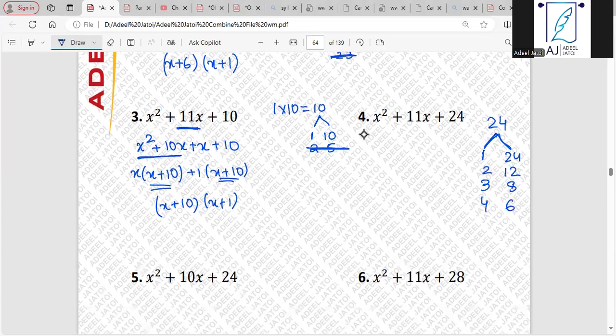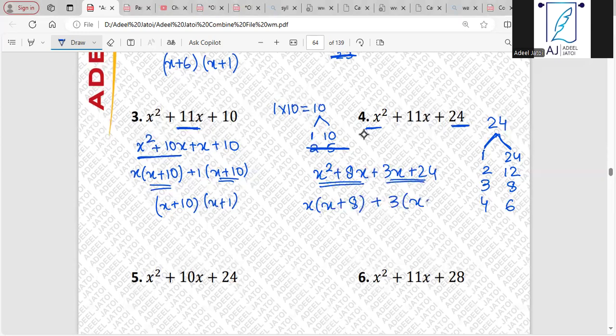The first and the last value will remain the same. This will be x square plus 8x plus 3x plus 24. So common between these two is x plus 8, and the common between these two is 3. We are left with x plus 8. So x plus 8 is one factor and x plus 3 becomes the other.